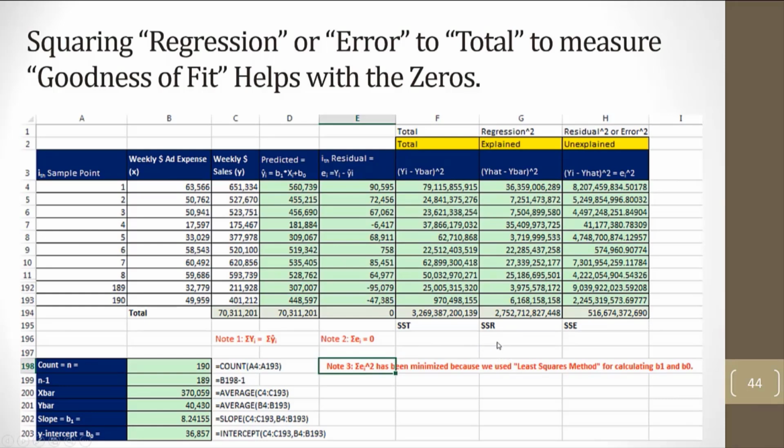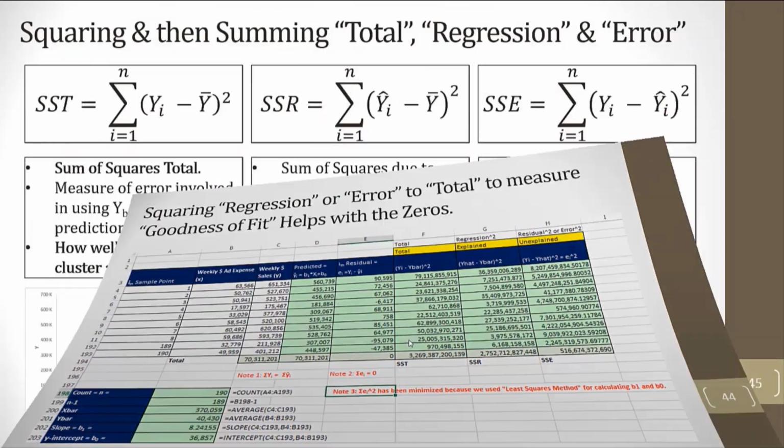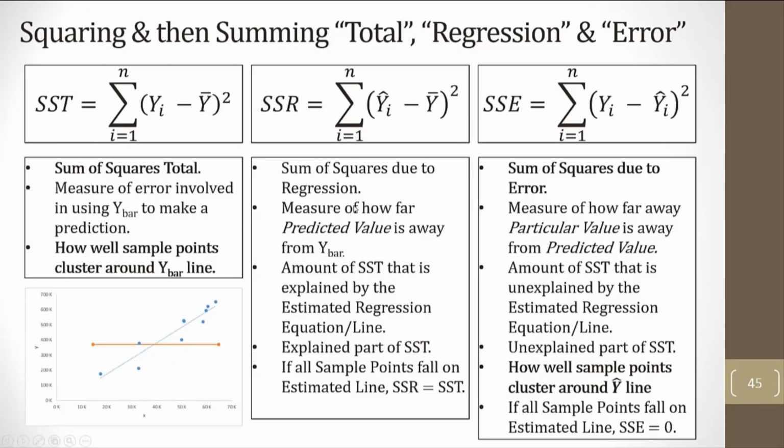If you add sum of the squares of regression to sum of the squares error, you're going to get sum of the square total. So our next slide defines each one of these as a math formula. Sum of all the deviation squared, that's going to be SST. Sum of all of the predicted values minus y-bar squared, that'll be SSR. Sum of all the particular values minus our predicted squared, that'll be SSE.